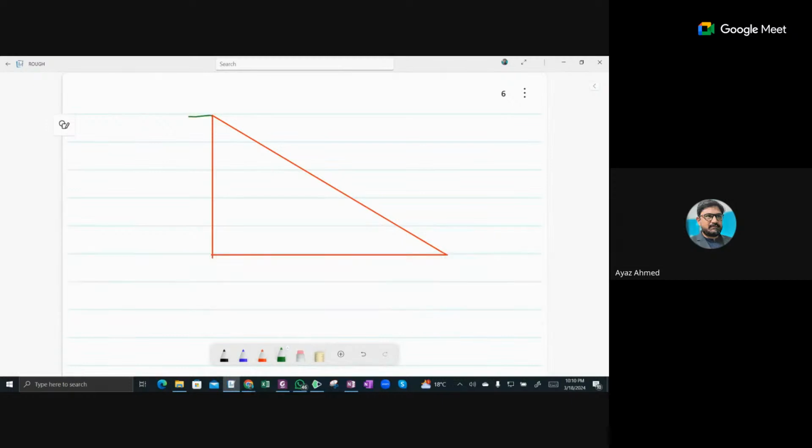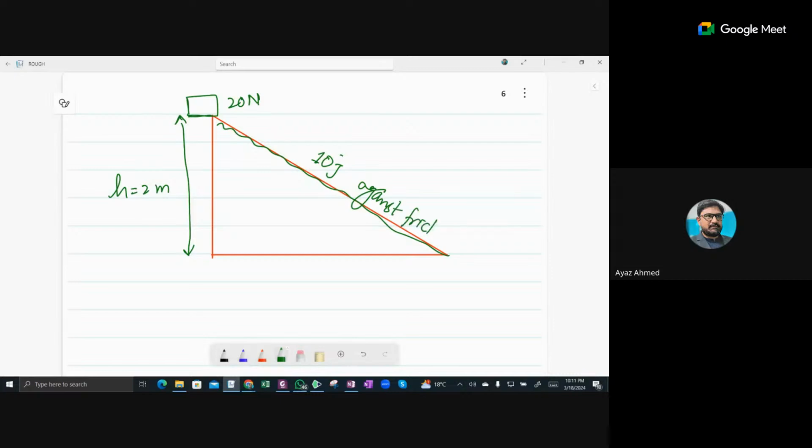So a block is placed over here. Initially, this is a 20 Newton block and it is placed at how much height? It is placed at the height of 2 meter. And then it slides down this rough surface. This is a rough surface and it wastes 10 joule of its energy as work done against friction. Got it? Against friction. Are you people getting it?